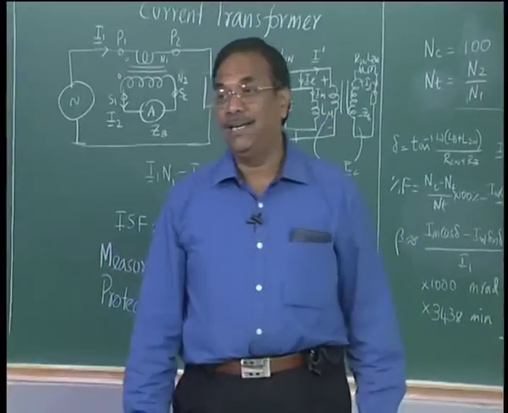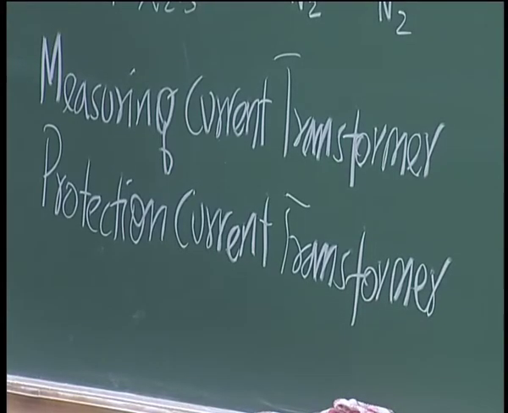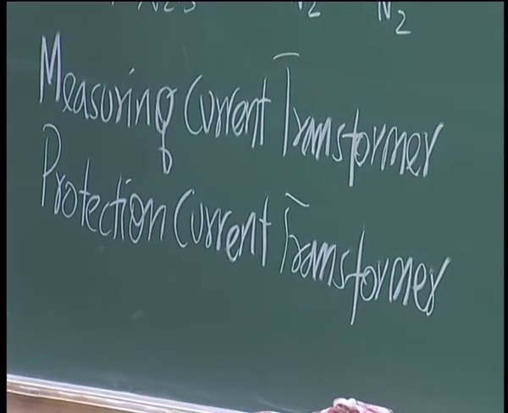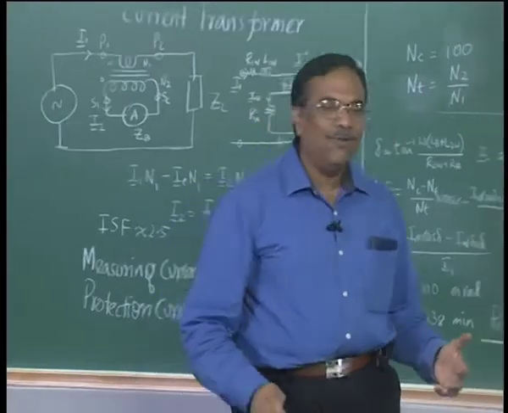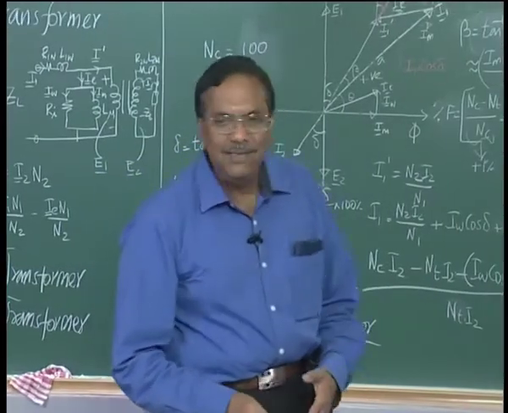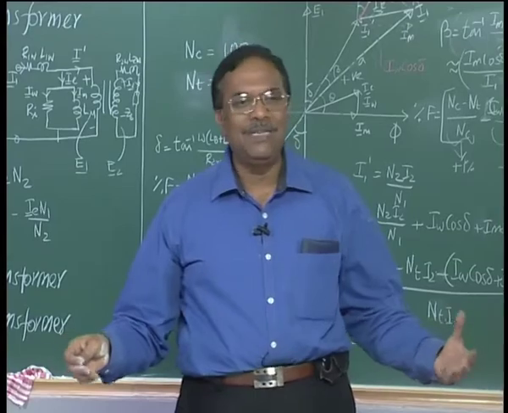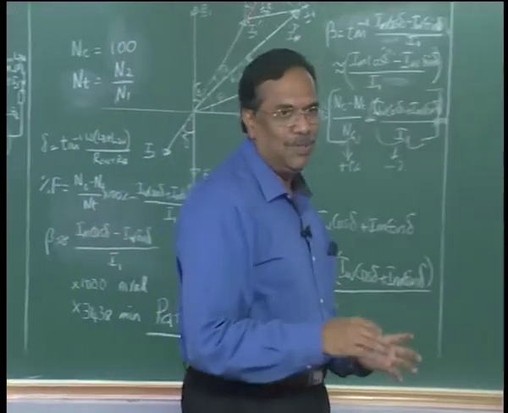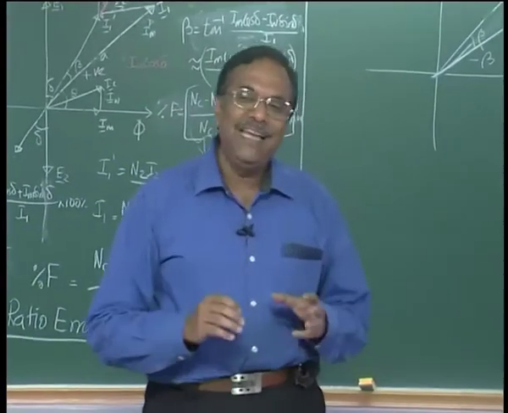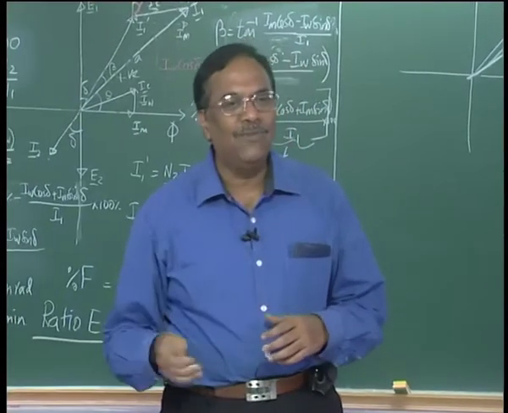In the protection current transformer we will not have ISF equal to 2.5, but we also cannot have something that is open. It is not possible, because even the protection circuit cannot be designed to have infinite current flowing through it.